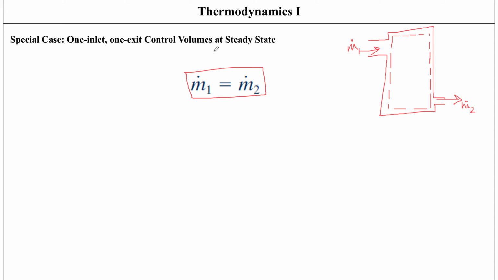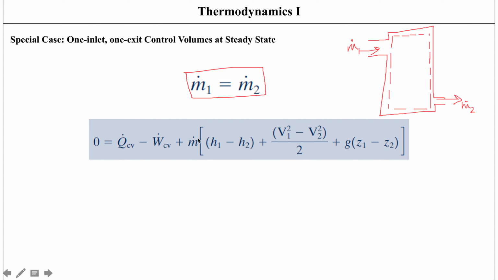The energy rate balance is going to be reduced to this now, because m dot i is equal to m dot e. In the previous equation, instead of m dot e and m dot i, we can just substitute m dot.